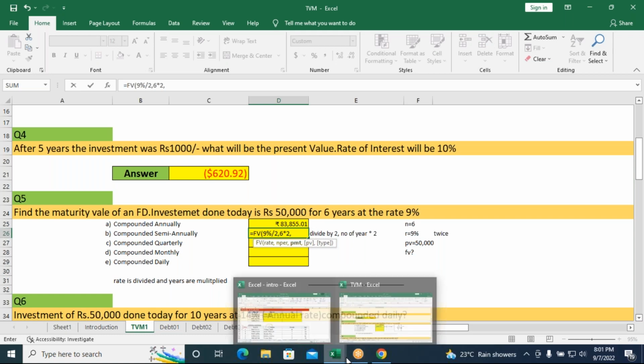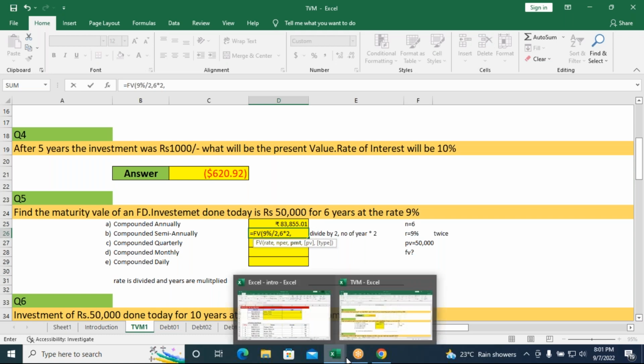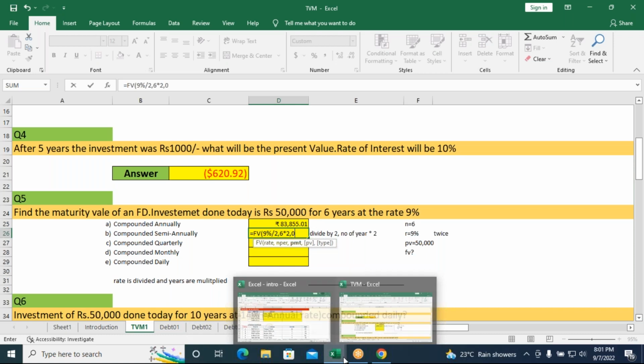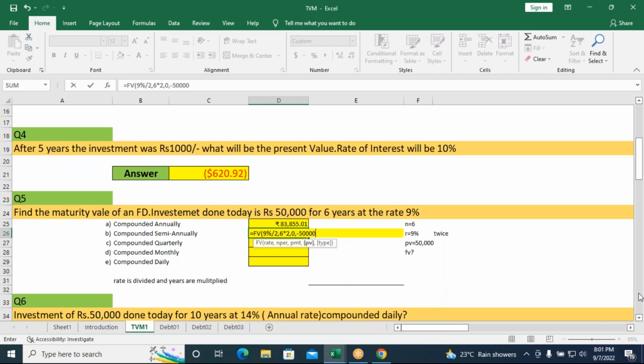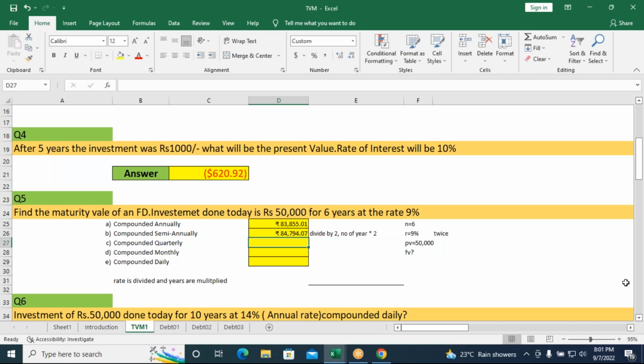PMT, I don't know what the PMT is, so I'll keep it as 0, comma. PV, the present value. The amount is going out, so minus 50,000. If the amount is coming in, it will be positive, plus. If the money is going from me, it should be put with a minus sign. What is the type I'm looking for? I'm looking for end of the period, which is 0. Close the parenthesis and enter. Got it?